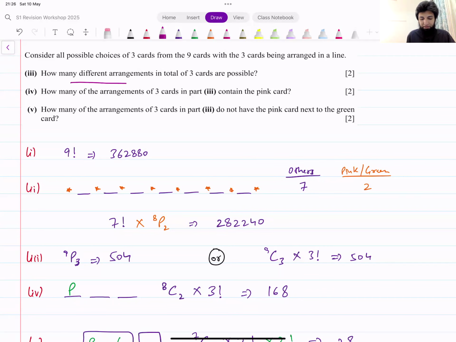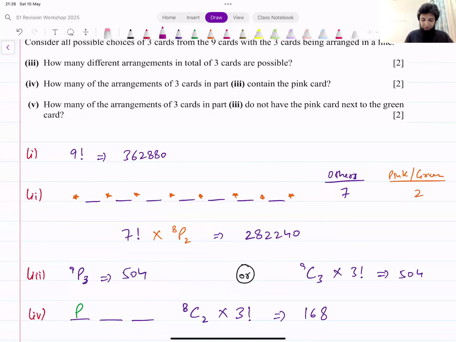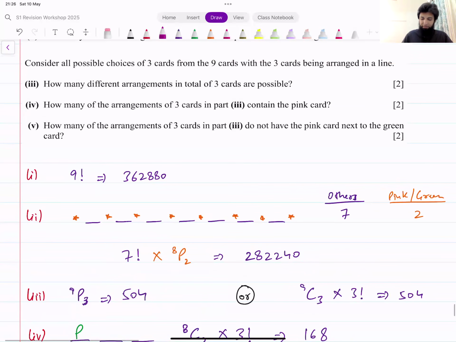In how many different ways can you arrange those 3 cards? Now, out of 9 cards, we have to arrange 3. We could directly do 9P3 for that. Or we could also say, let's select 3 cards and then multiply by 3 factorial, and that gives the same result as well. Any of them would work. You can do any of them.